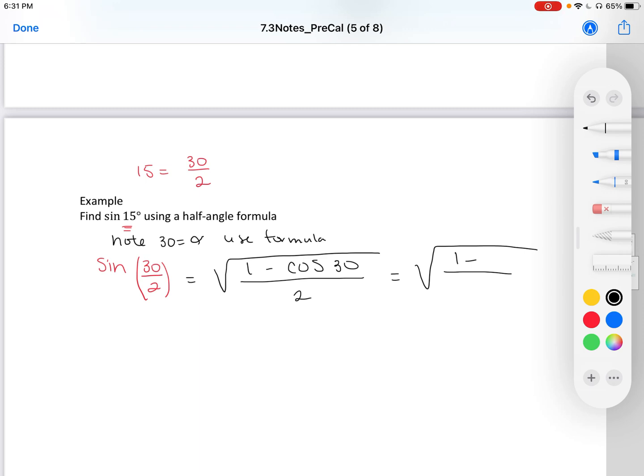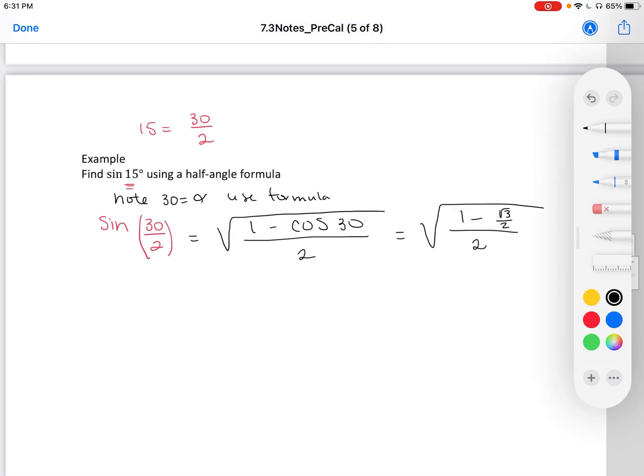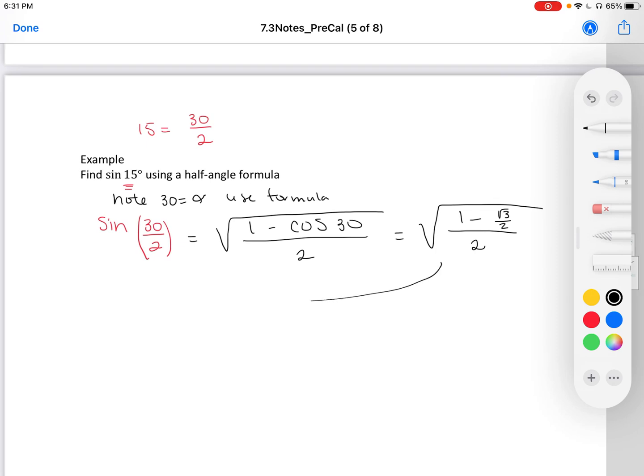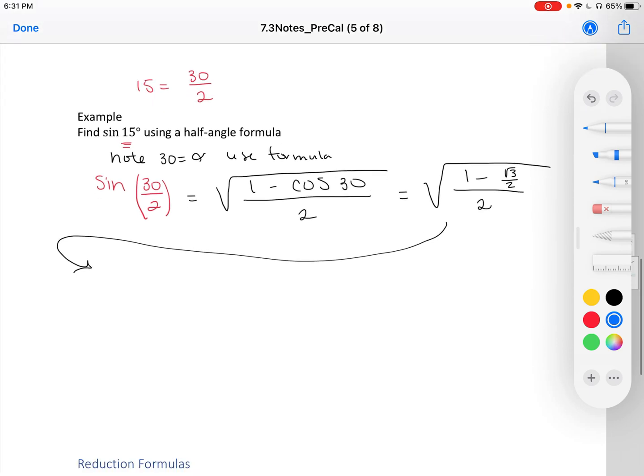That's the value square root of 3 over 2, all of which is divided by 2. From there, we just have to simplify the square root. And honestly, the trigonometry isn't so bad. The algebra is what takes time.